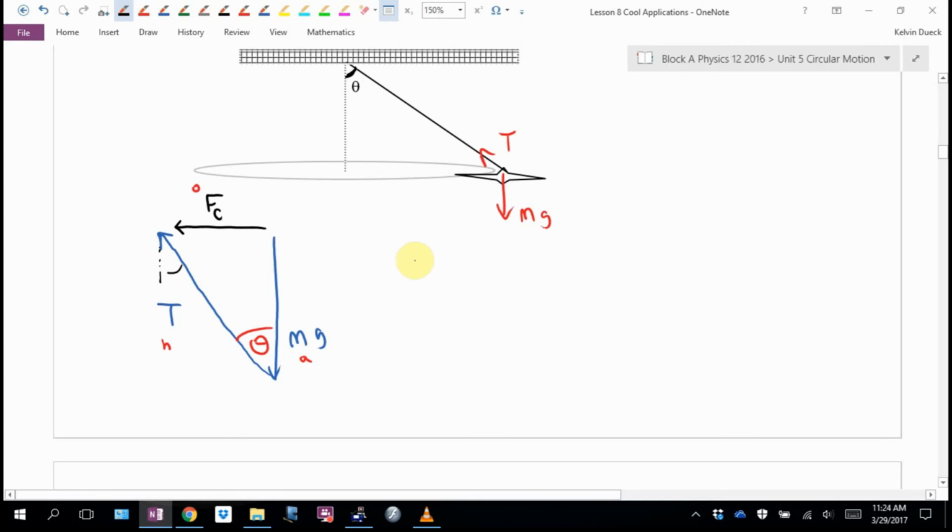So one equation that comes out of here, I guess, is tan theta is opposite over adjacent. What would the sine equation be? Okay. What would the cosine equation be?